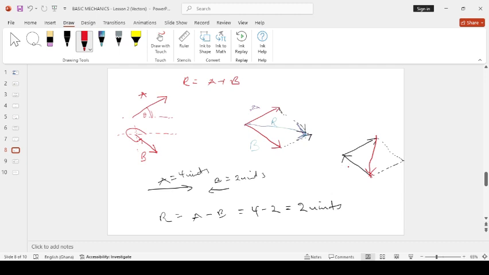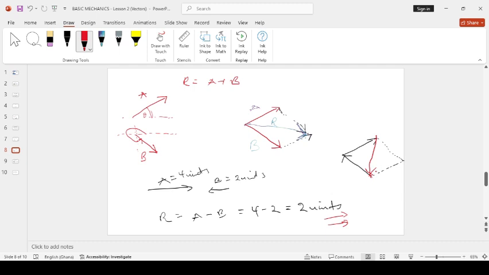However, if they are all moving in the same direction, then it's going to be by simple addition. But if they are moving at different angles, then we complete the parallelogram, and then we determine where the resultant is going to be.